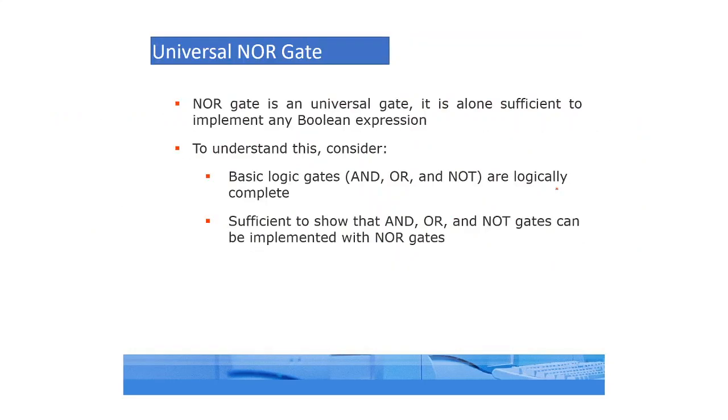Next is the universal NOR gate. The NOR gate is a universal gate like the NAND gate because it alone is sufficient to implement any kind of Boolean expression. Like in this case, the basic logic gates AND, OR and NOT are logically complete because they can be used to create any kind of Boolean expression.